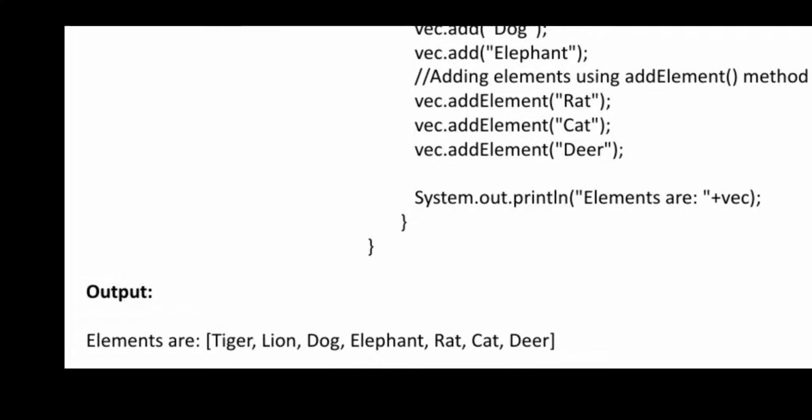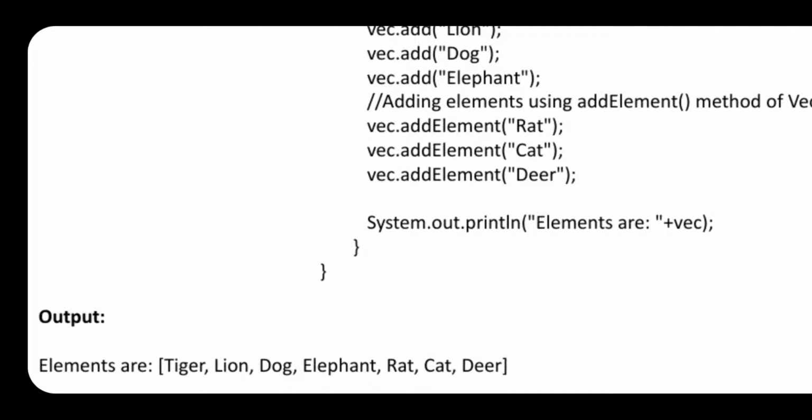So it is going to display tiger, lion, dog, elephant, rat, cat and deer. They will not come horizontally, they will be vertical, to show you all those elements, because you have used the ln. If you want it this way, you can use commas also.